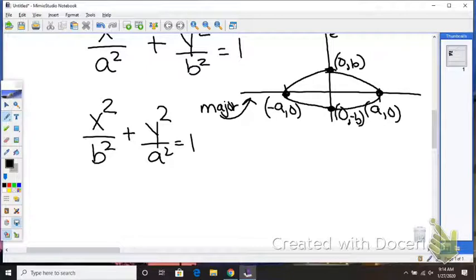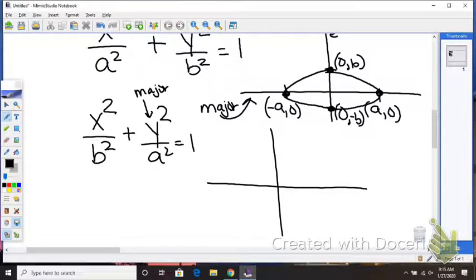Since A is always bigger than B, and the bigger number is under the y, this tells you that the y-axis is your major axis. So in this case, you're going to have the point 0, A and the point 0, negative A, going up and down. And then the minor axis is the x-axis, so I have B, 0 and negative B, 0.